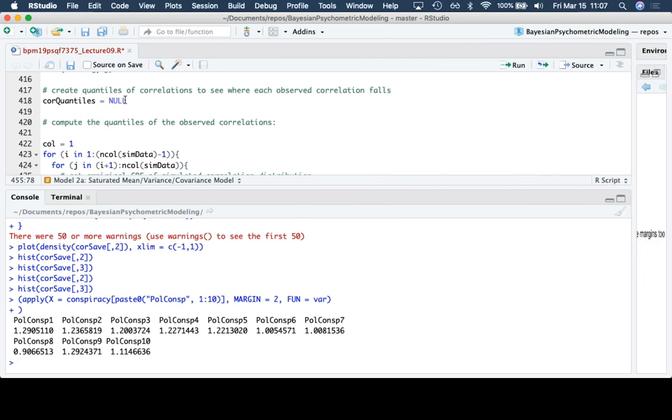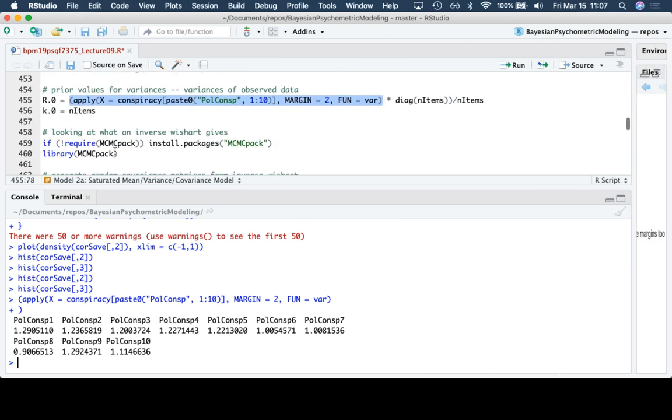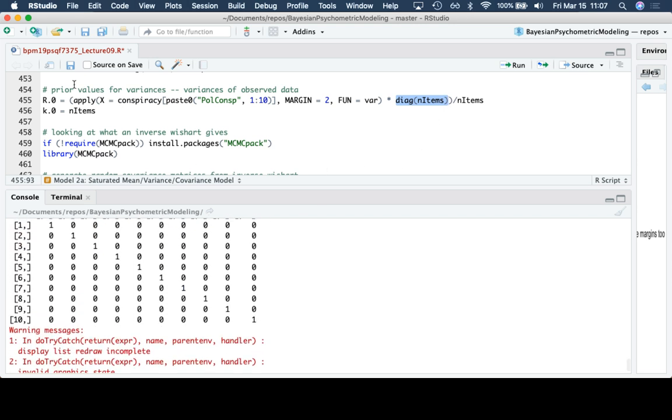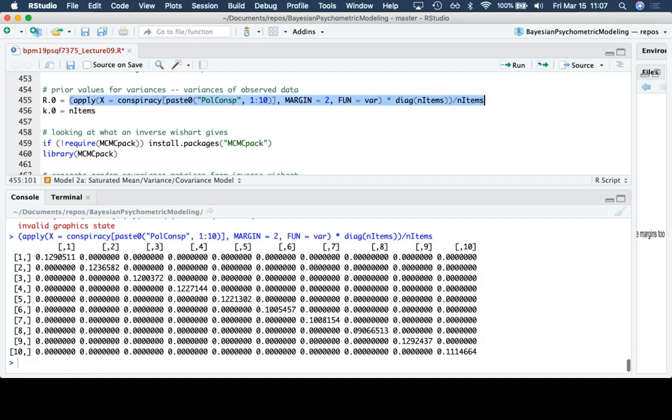Because I see that you fed it into the Wishart, or dwish. Yeah, there's a couple other things. Hang on a second, let me get there. So this right here is a diagonal matrix. What I'm giving it is the variance divided by the number of items as my diagonal, which I thought I was following something in the book for, but I may be wrong.